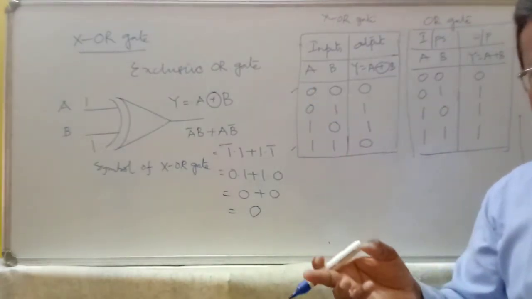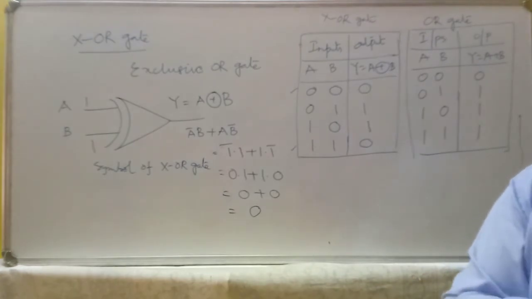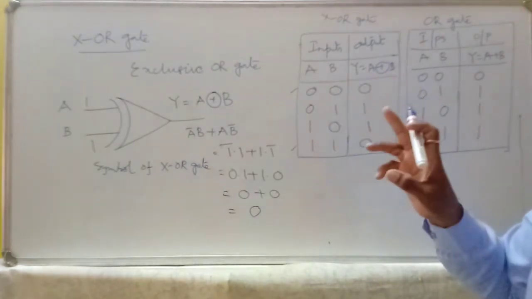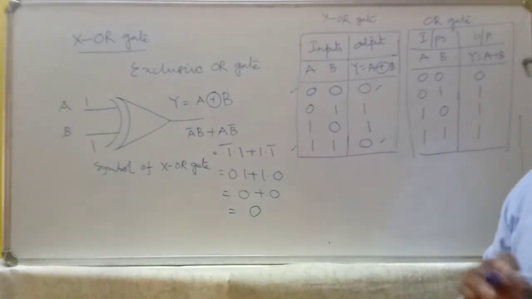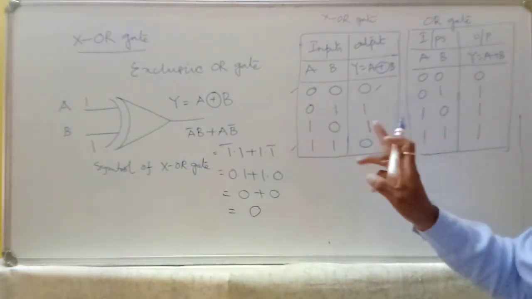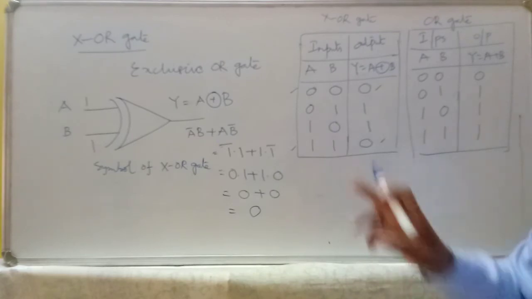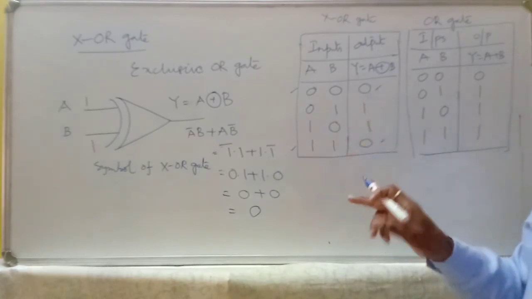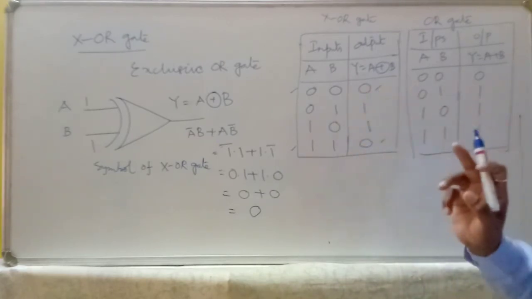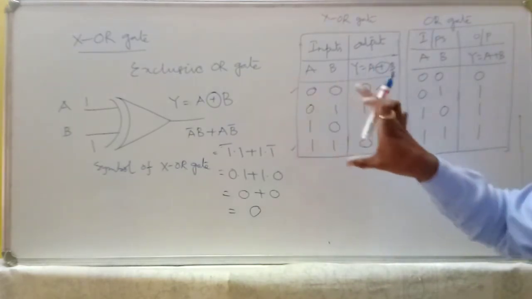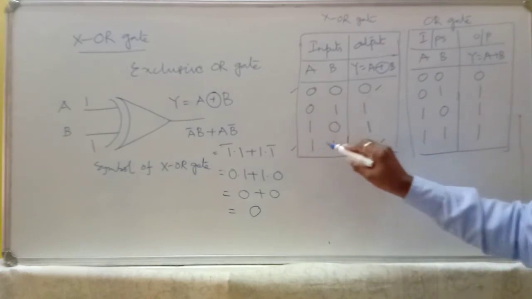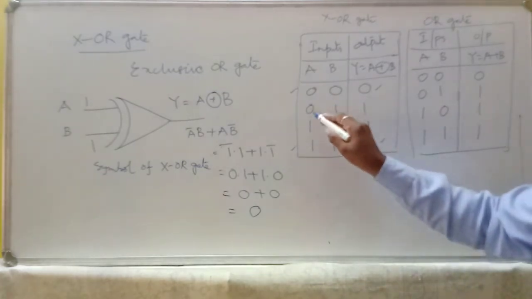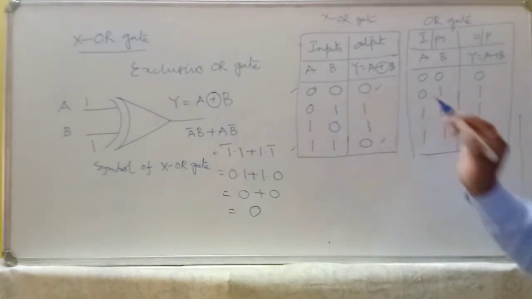Whether it is 0 or 1, if all the inputs are equal, the output becomes 0. If the given inputs are unequal, the output becomes 1.